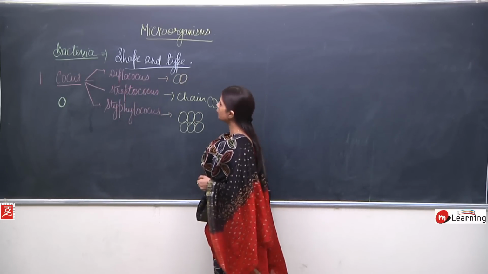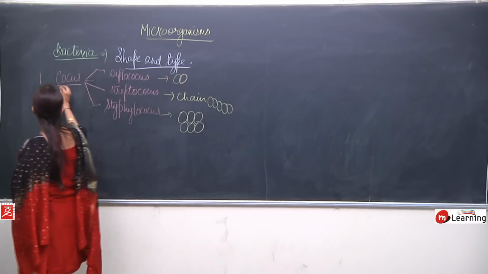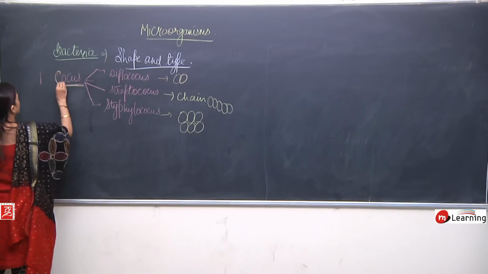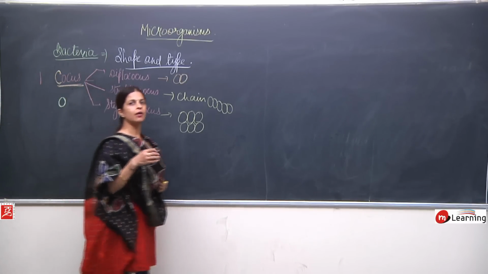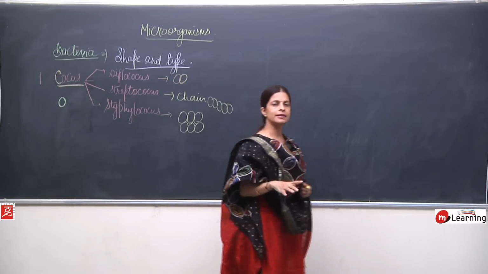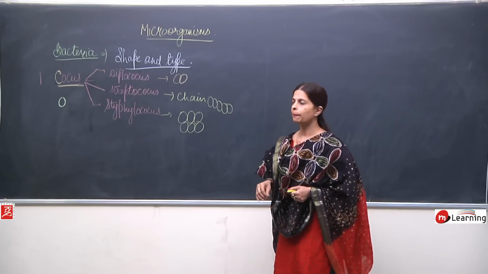Here we can see the different shapes of the bacteria. We are discussing the first one, coccus or the cocci. Which bacteria come under this category? The ones which are of spherical shape.